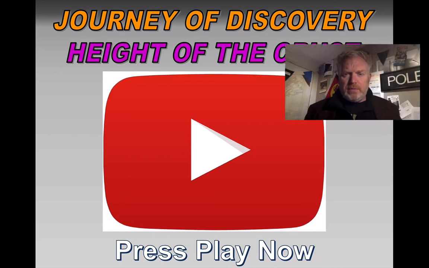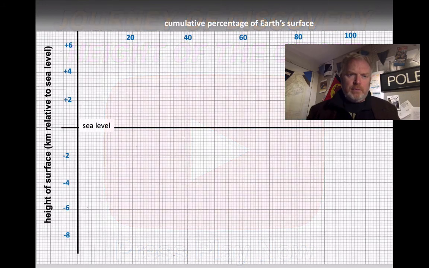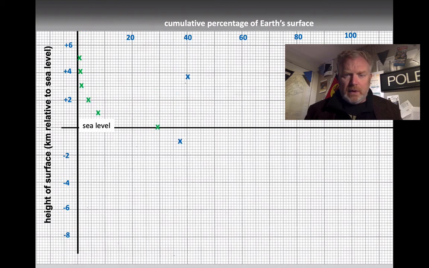Okay then, let's have a look at some results. This is the graph that we're looking to plot. Let's start by plotting some lines. So we plot the points. As you can see, I've used different colours for above and below sea level.